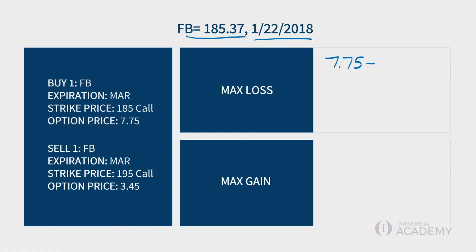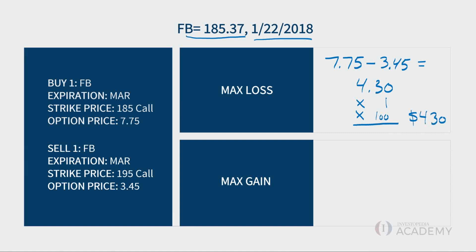Then we're going to subtract the premium that we received on the 195 call of $3.45. That equals $4.30. Remember, we're doing the structure one time, and you have to multiply times 100. 100 multiplier. Your max loss then is $430. So no matter what, the most that I can lose by putting this trade on is $430.